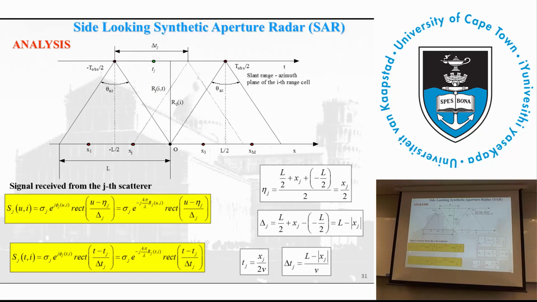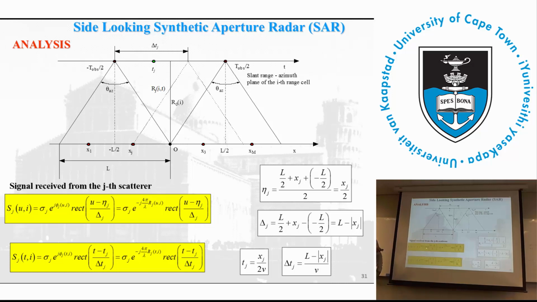So if I write, for example, the received signal for the generic xj, and I express it with the same coordinates, u and r, for example, then I have an RCS of sigma j, and the phase that is associated to that point.